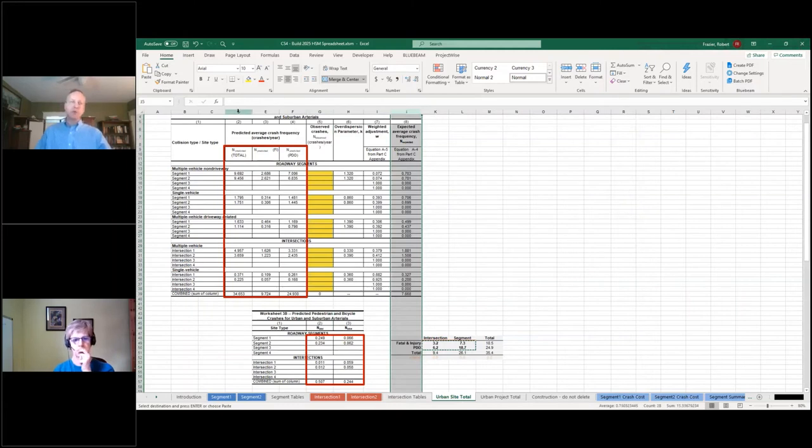We are working with predicted numbers, and that wording you hear us using is very specific to the HSM. Predicted is what we're using, because we can't do expected without using the empirical Bayes, and we are changing the road, and we think enough in this case that we wouldn't use empirical Bayes. So we've made that project team decision, that we think the crash types are going to change once we get this raised median in place.